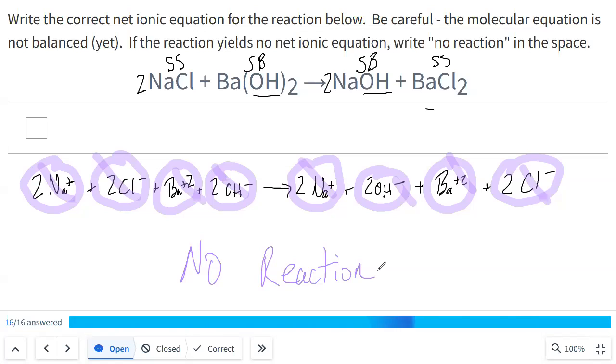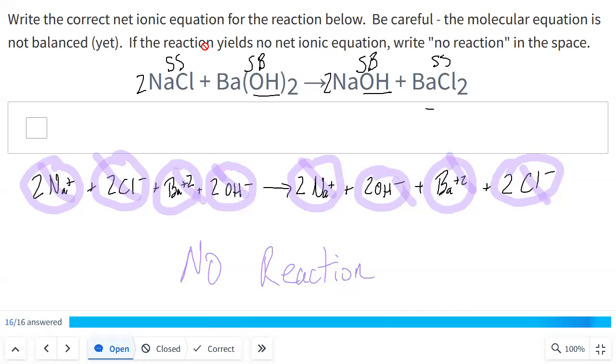So try to stay out of that particular trap. The trap I'm talking about here is assuming that something is going to occur because we have a chemical equation that outlines it. Molecular equations can lie to you. They can let you know about things that aren't actually true.